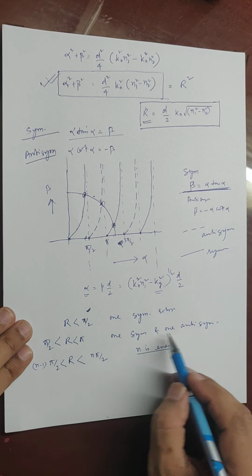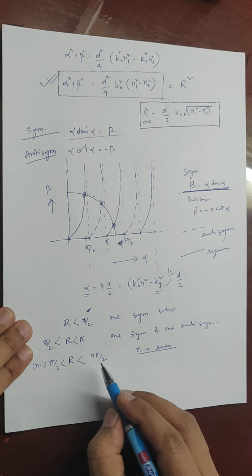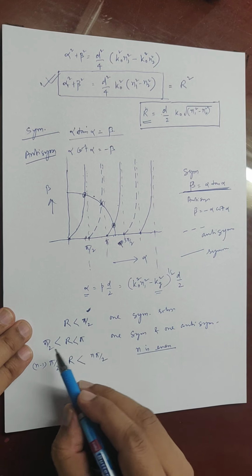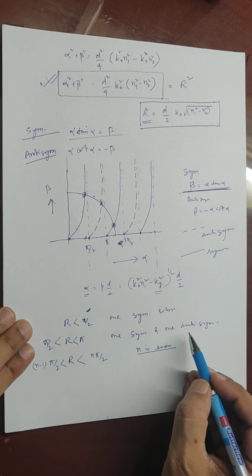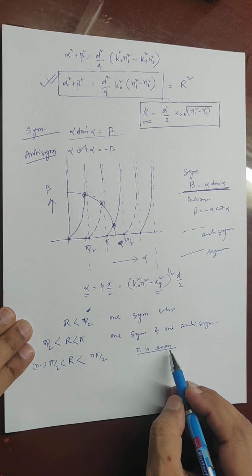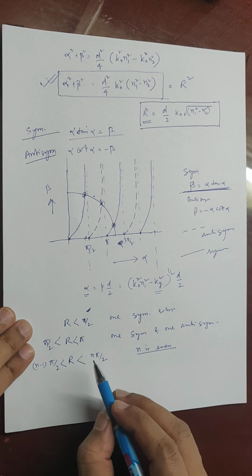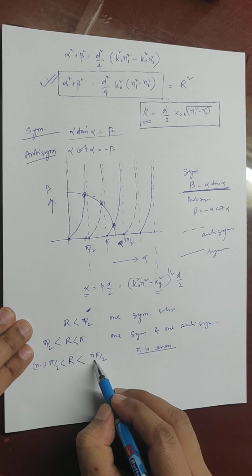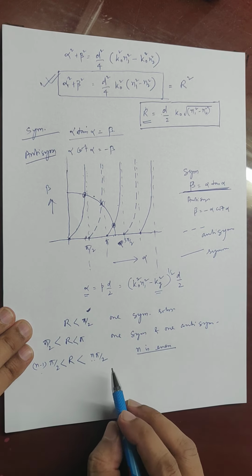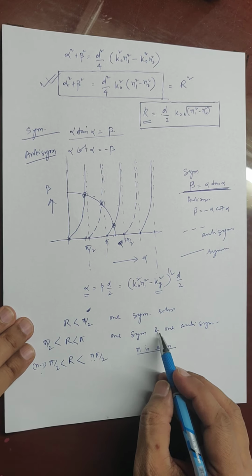You'll have two solutions, the even solutions. So n just as 2 over here, 1 this and 1 this. It means that an even n would basically mean an equal number of symmetric and antisymmetric solutions would be there.